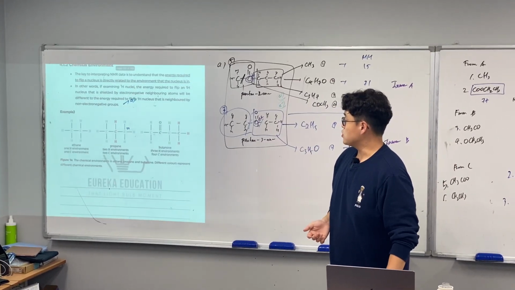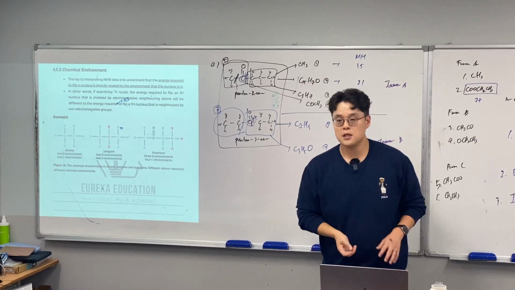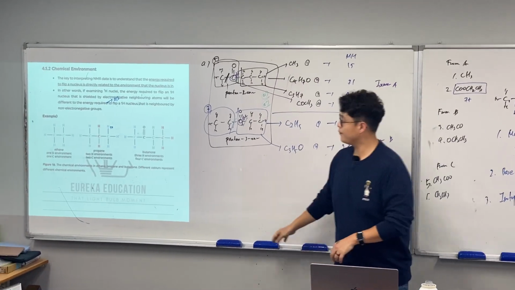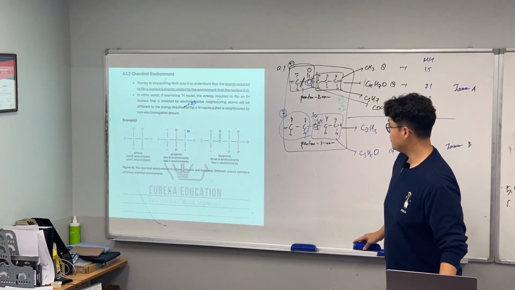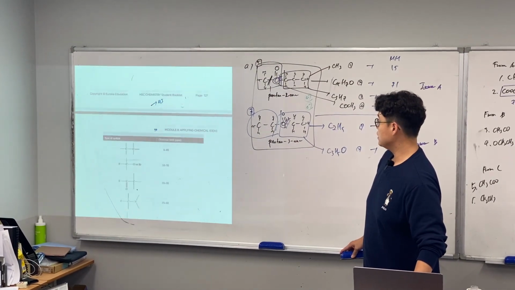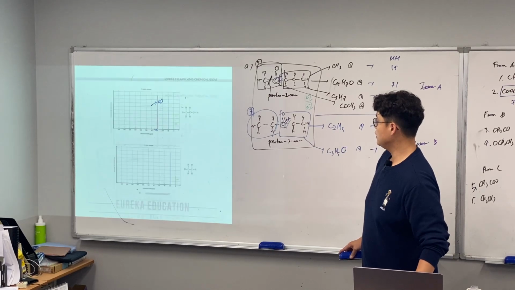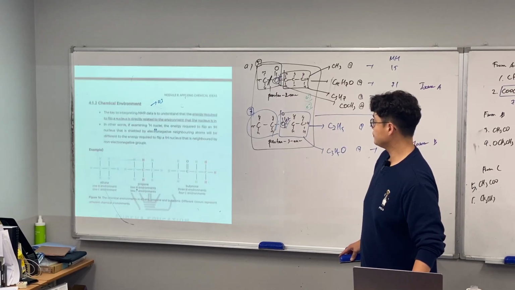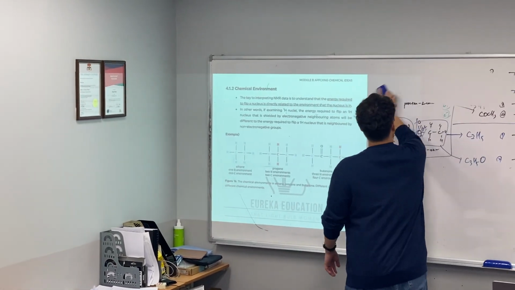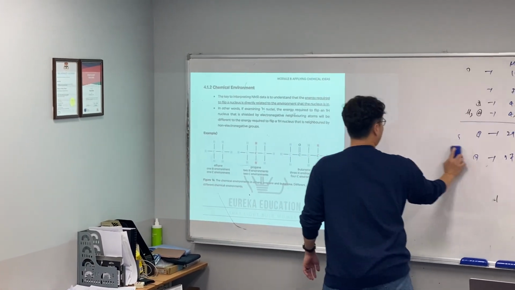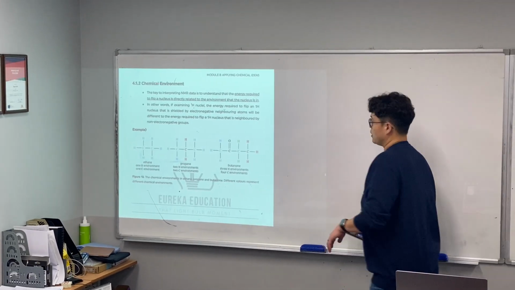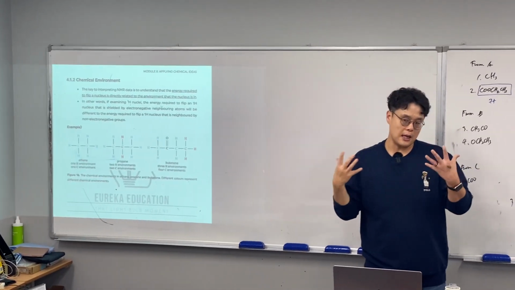So how do we use it? To understand that, we have to talk about something known as chemical environments. This is page 124. Now, MRI, like NMR, is using some magnetic field, depending on the carbons there too.